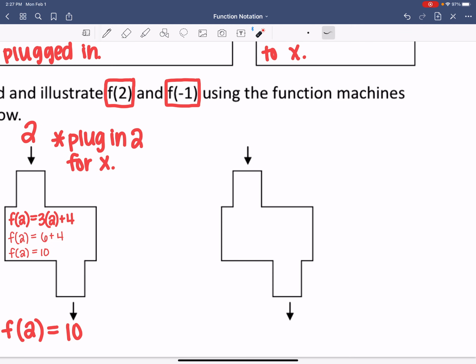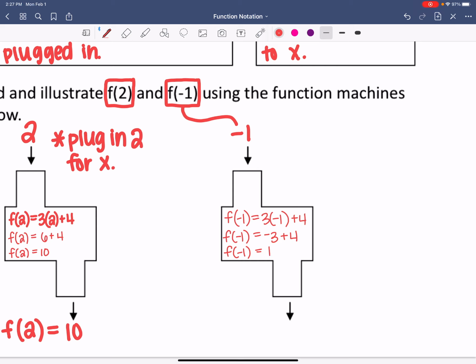All right, now let's try f of negative 1. That means we're going to plug in negative 1 into the function. Remember that f of x equals 3x plus 4. So f of negative 1 equals 3 times negative 1 plus 4. Simplifying this gives us negative 3 plus 4, and negative 3 plus 4 is positive 1.